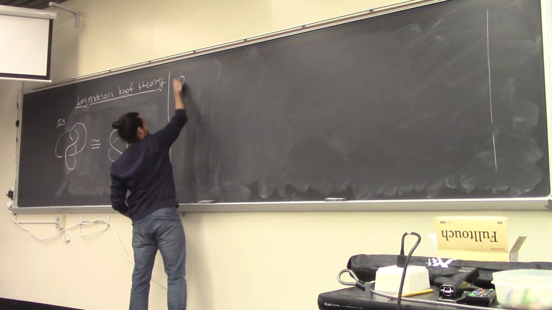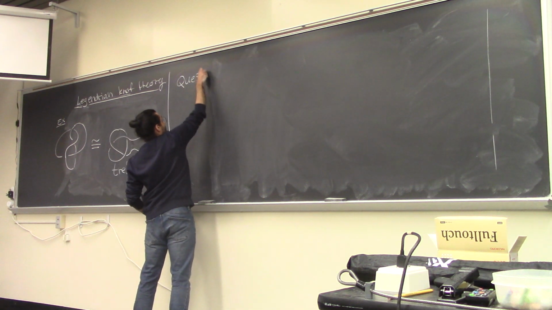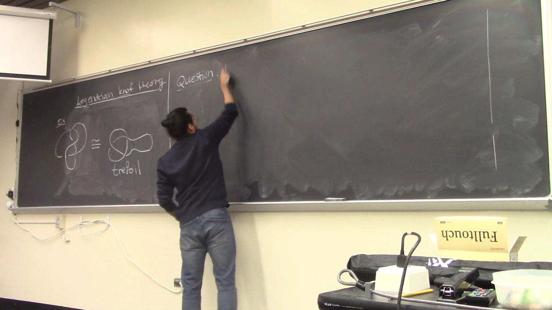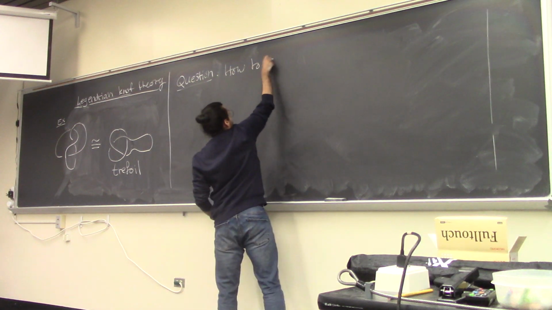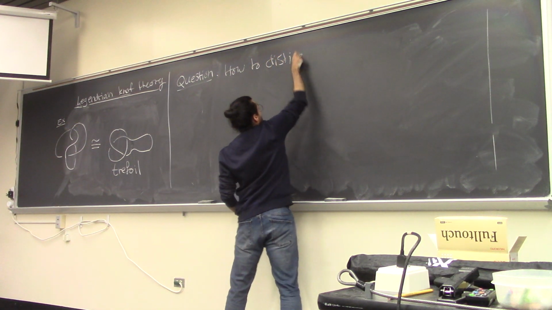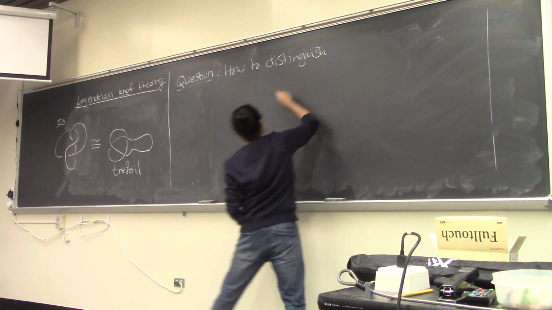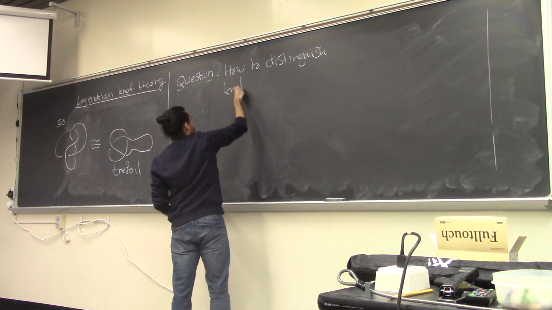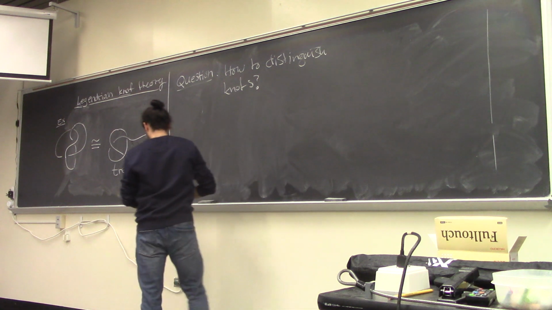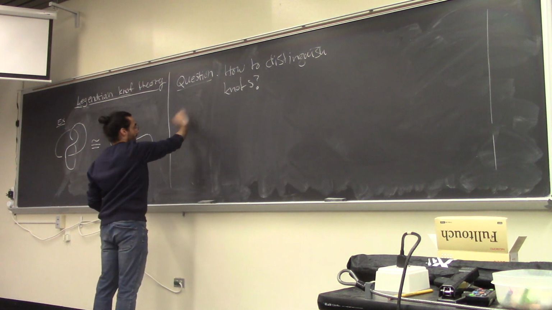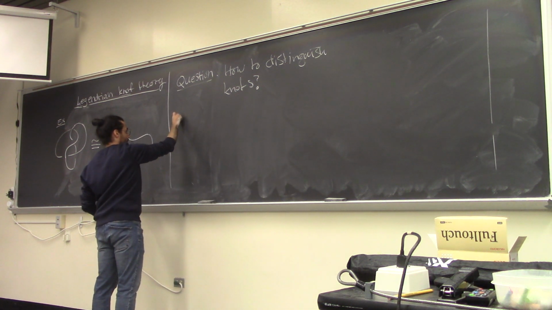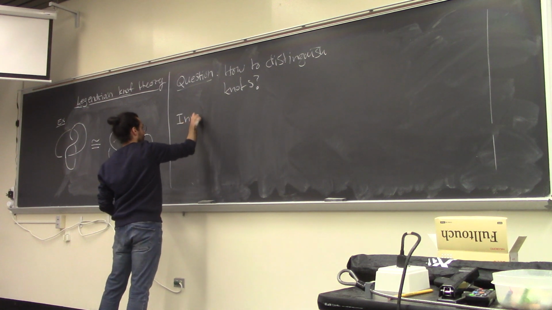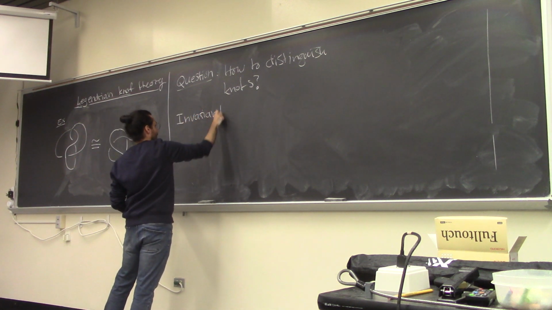So the question is how to distinguish knots. And one possible answer is by using an invariant.